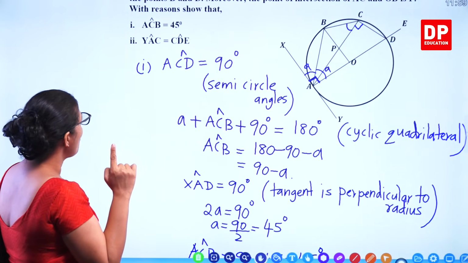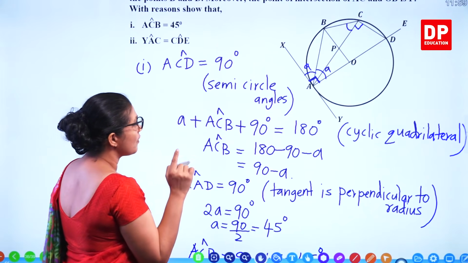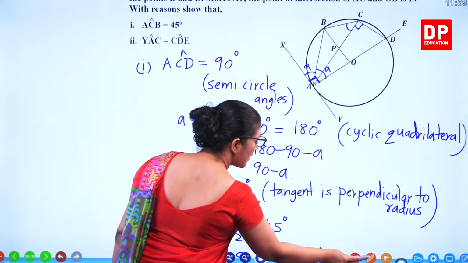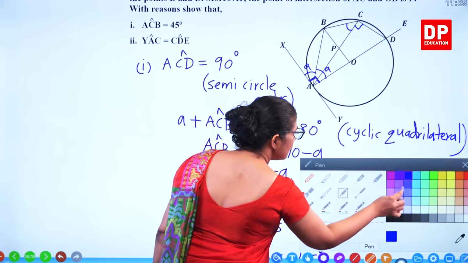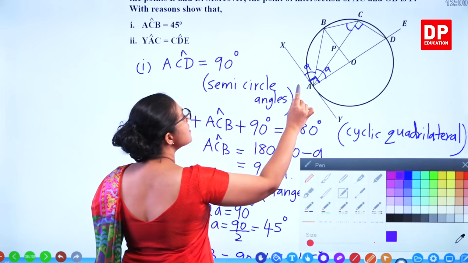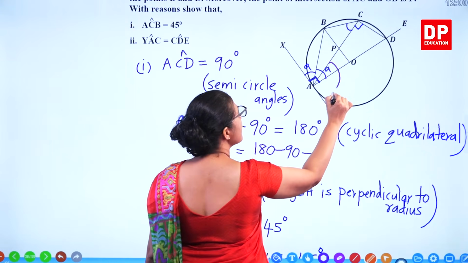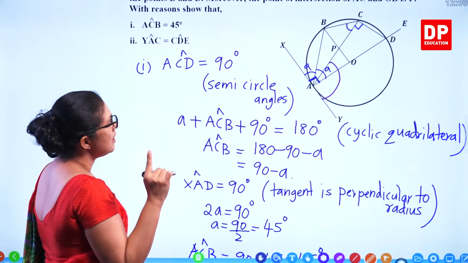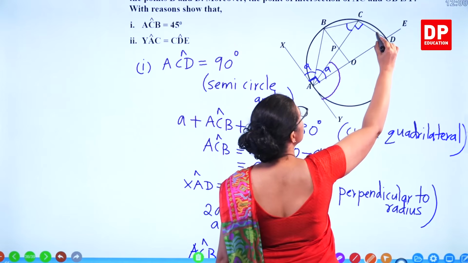Now we have to show YAC. Angle YAC, this angle, is equal to CDE, this angle.